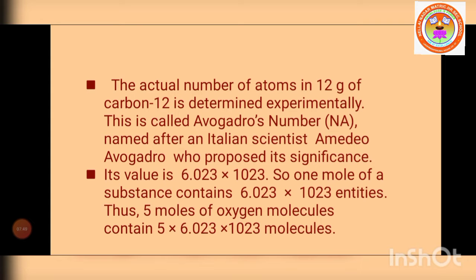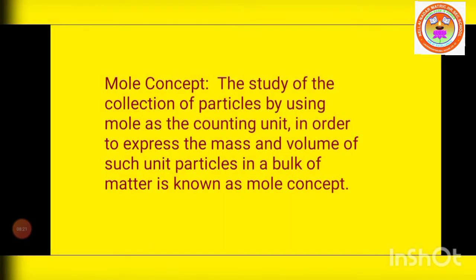One mole of a substance contains 6.023 into 10 to the power of 23 entities. For example, how many molecules are in 5 moles of oxygen? 1 mole is 6.023 into 10 to the power 23, so multiply by 5: 5 into 6.023 into 10 to the power 23 molecules.